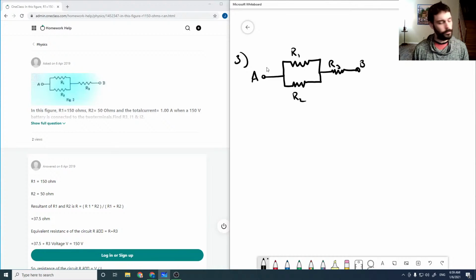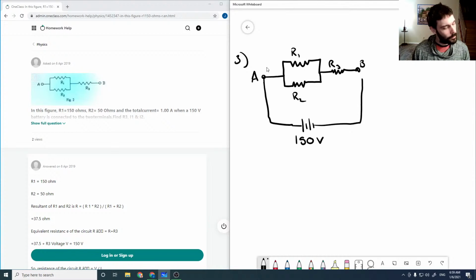And it says that if A is connected to B through a 150 volt EMF, and we're given that R1 is equal to 150 ohms and R2 is 50 ohms. What is R3?